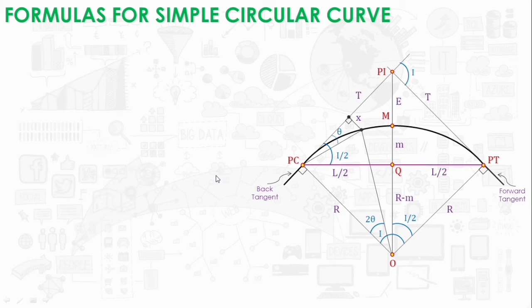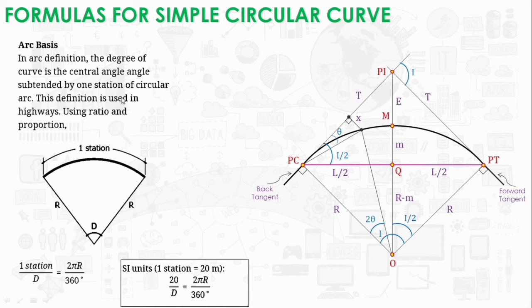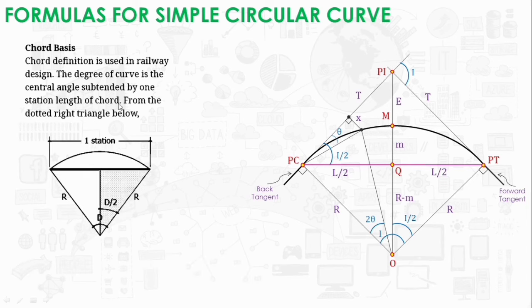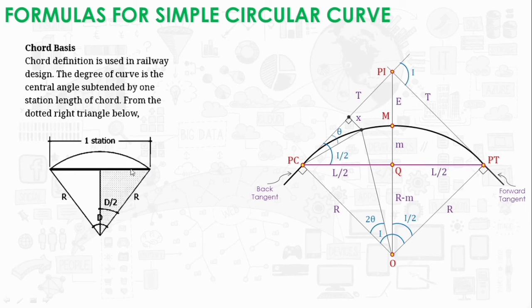Next is the chord basis. The chord definition is used in railway design, unlike the arc basis earlier, which is used only in highways. Here, our one station is based on the chord, whereas earlier it was based on the arc.